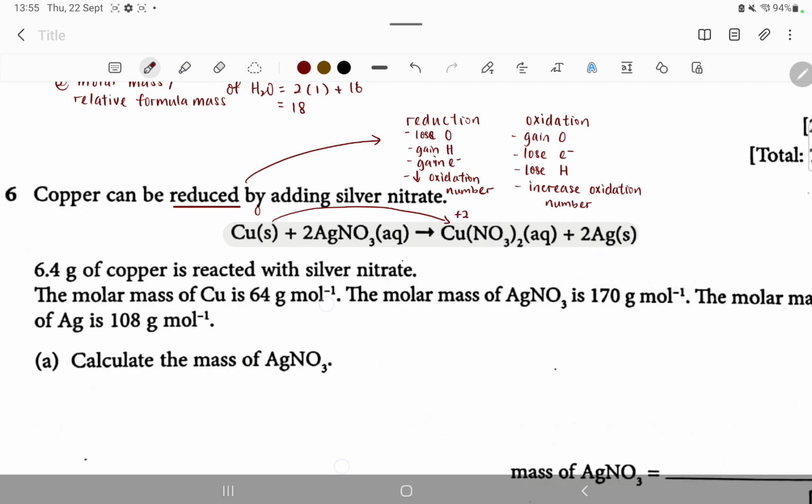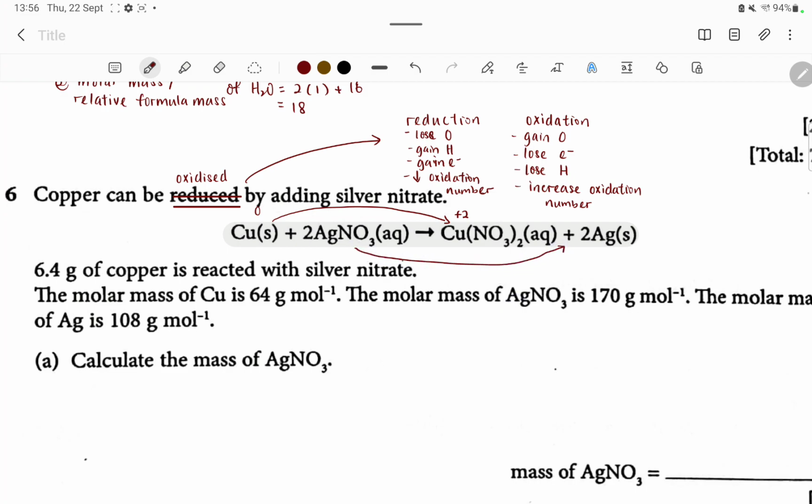So this one should be oxidized. This one is only reduced, because here the silver is positive 1, and then this one becomes 0. So copper is the one that is actually oxidized, and copper is the reducing agent.